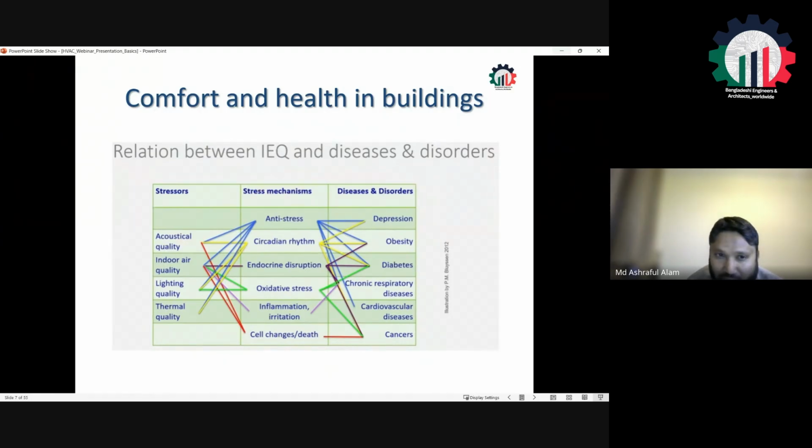If we have an acoustical quality issue, it creates stress and it ultimately affects depression, and you can see depression, obesity, diabetes, chronic respiratory diseases, cardiovascular diseases, cancers. All these diseases are somewhat related to the indoor environmental quality, which is acoustical, indoor air, lighting, and thermal.